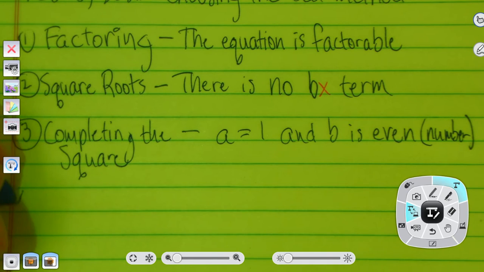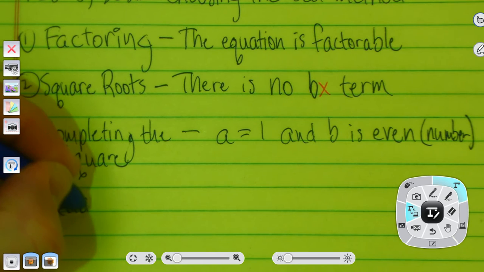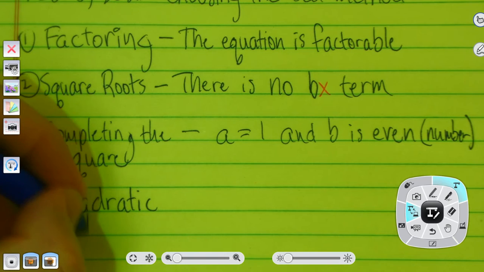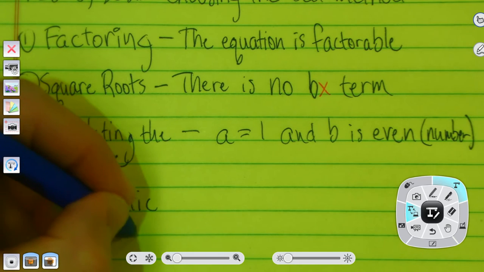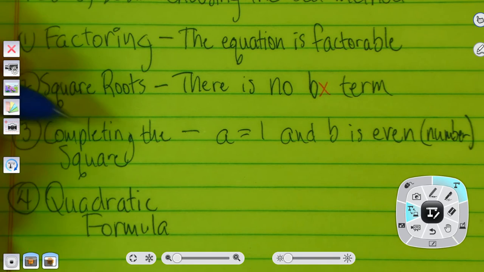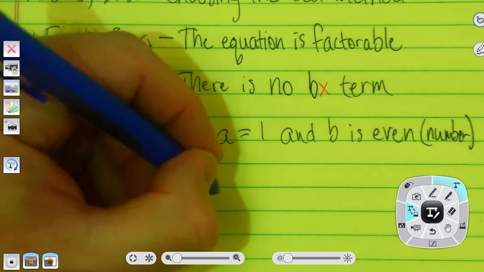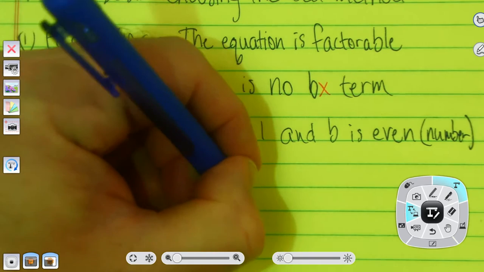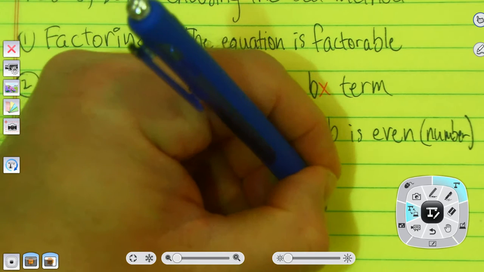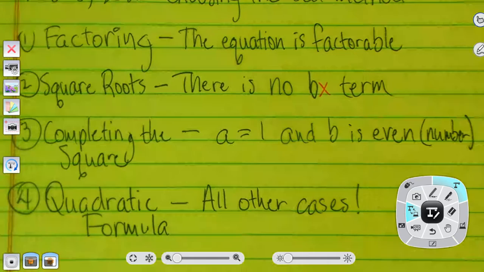And then lastly, we talked about the quadratic formula. And that works for all other cases. In fact, it will always work. But it's a little tedious.